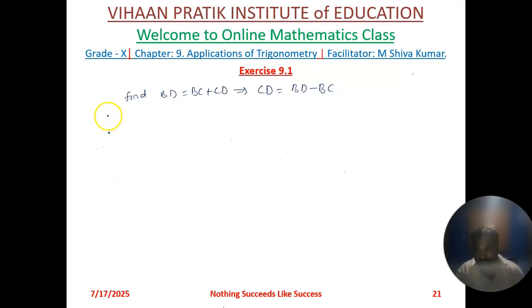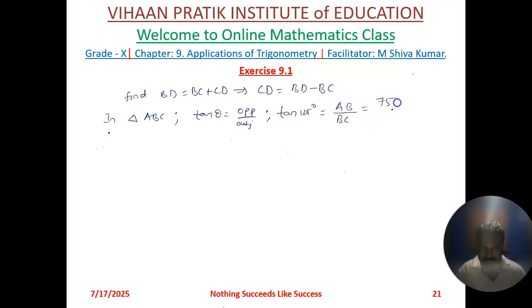In triangle ABC, tan theta equals opposite by adjacent. The theta value is 45. So tan 45 degrees equals opposite AB divided by adjacent BC. Here the value of AB is 75 meters.